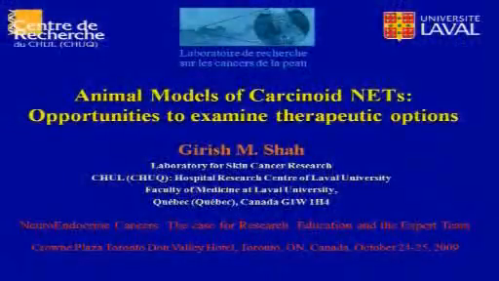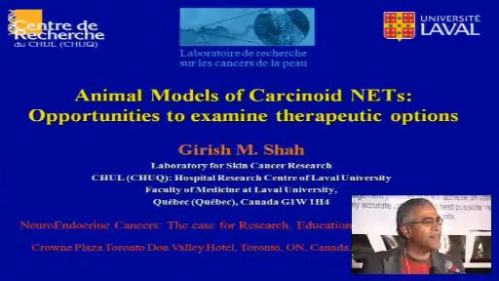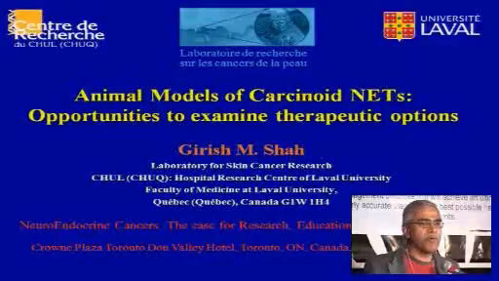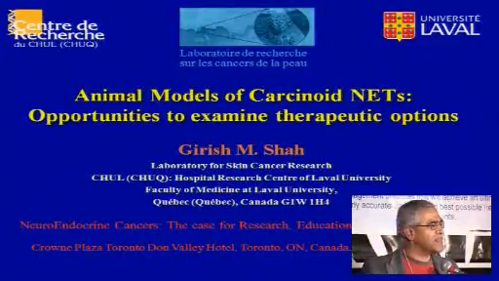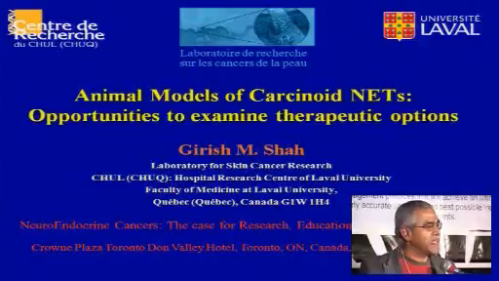So what I'm going to talk about is animal models of carcinoid NETs. I have worked for the last 4 years or so, since 2001 actually, more than 4 years now, on carcinoid patients coming from Calgary and from New York, and we landed up making certain discoveries, such as those who are suffering from carcinoid syndrome also have a tendency to develop niacin deficiency.